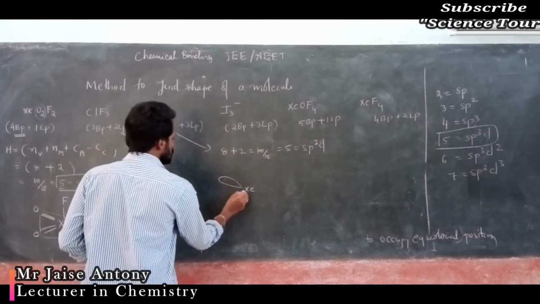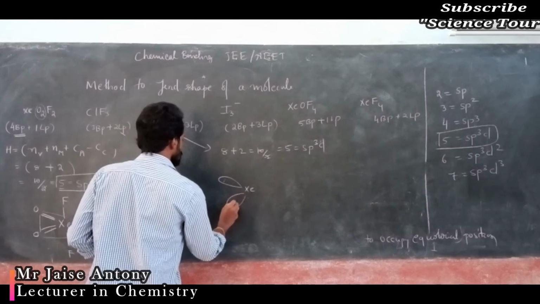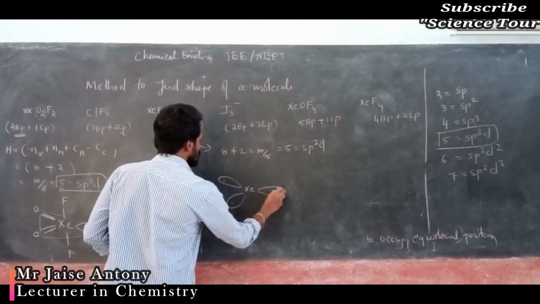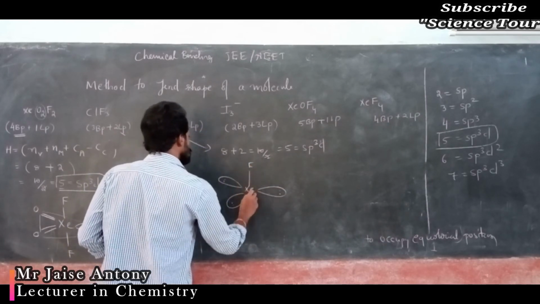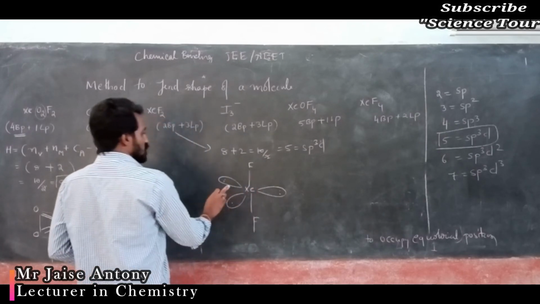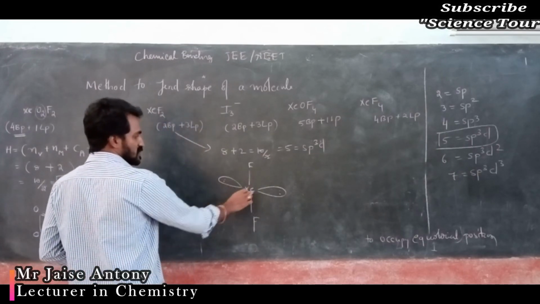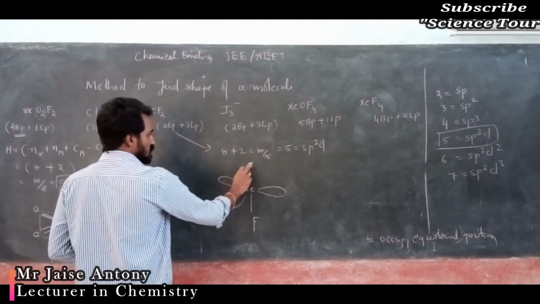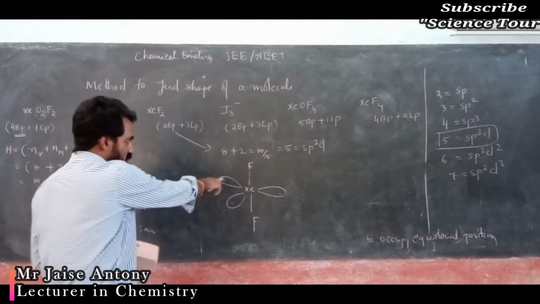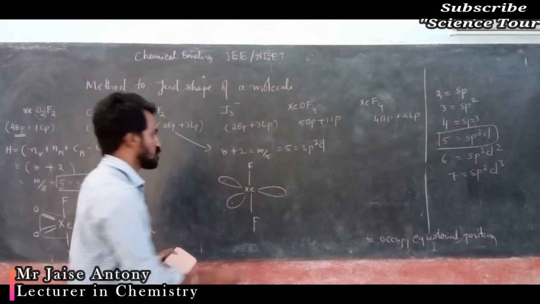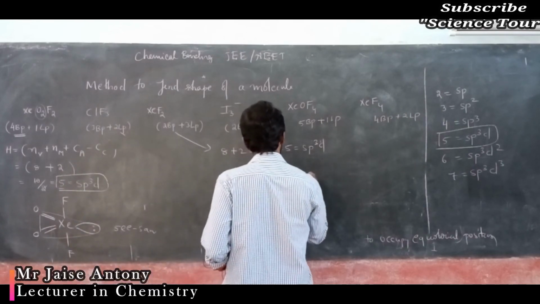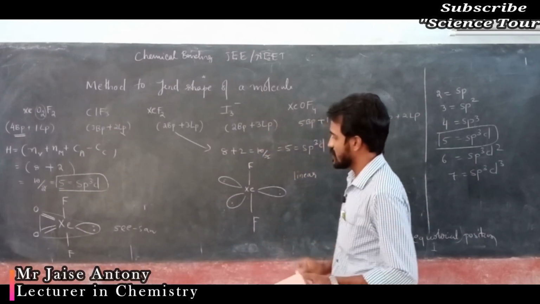You have to place 3 lone pairs at the 3 equatorial positions. 2 fluorides here. While telling the shape, there is no need to consider the lone pairs. Now only bond pairs, look at this, it is linear shape.